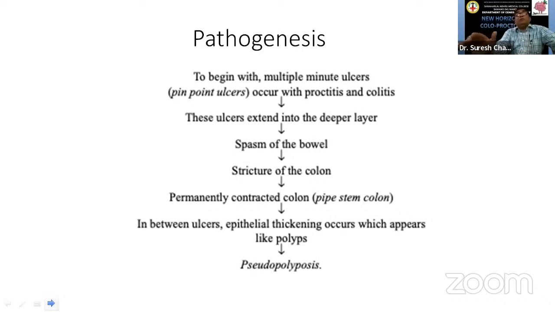In between the ulcers, epithelial thickening occurs, which appears like polyps, and that is called pseudopolyps. To remember these 4 P's: one is pinpoint ulcer, second is proctitis, which involves the rectum mainly, then pipe stem colon, and pseudopolyposis. So these are the 4 things, and you can have pus cells under the mucosa.